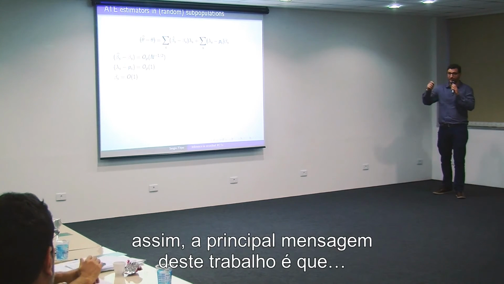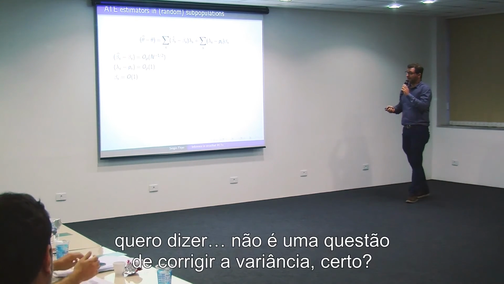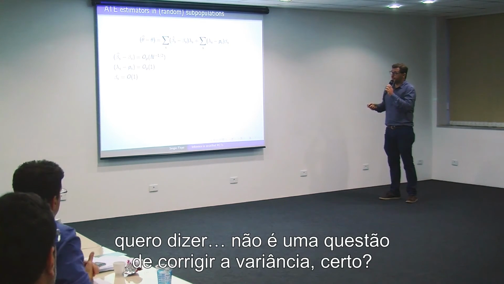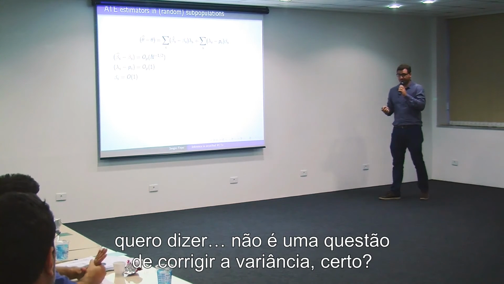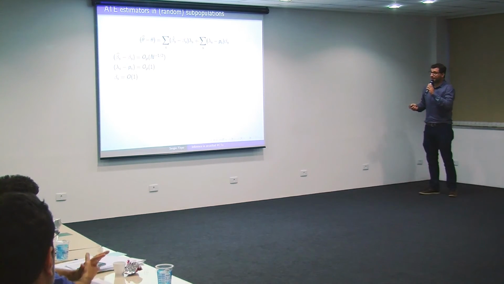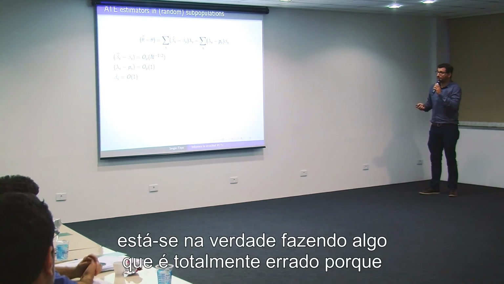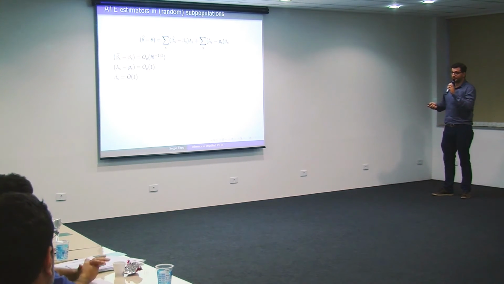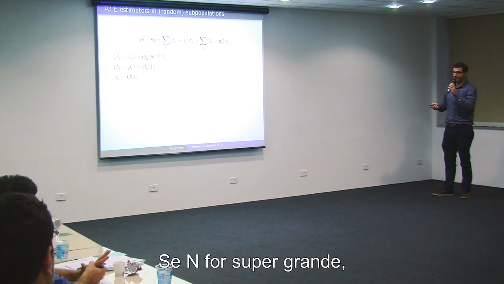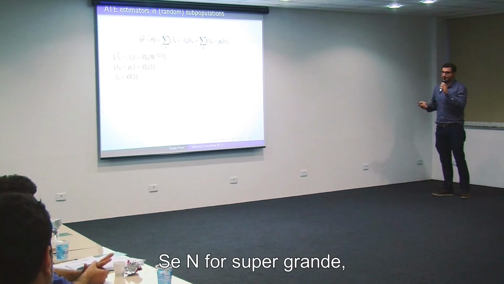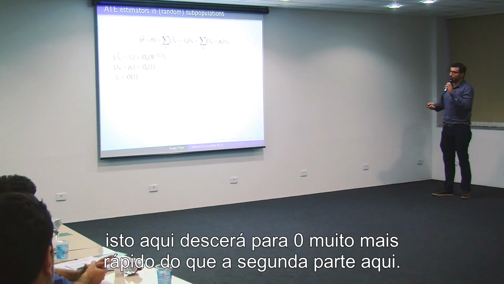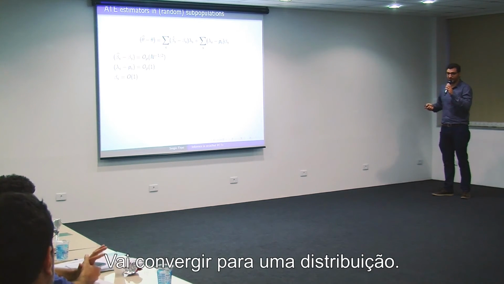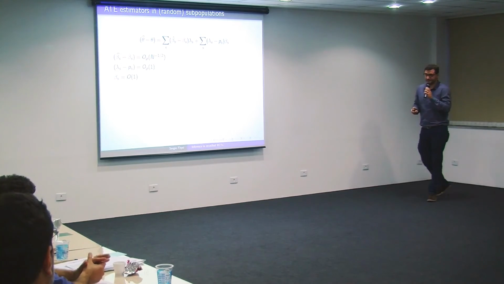And you're not taking that into account. So the main message of this paper is that it's not a matter of correcting the variance. You're actually doing something that's totally wrong, because the thing that matters is this first part here. If n is super large, this thing here is going to go to 0 much faster than the second part, which is going to converge to a distribution.